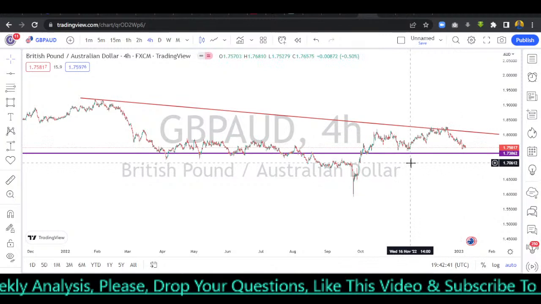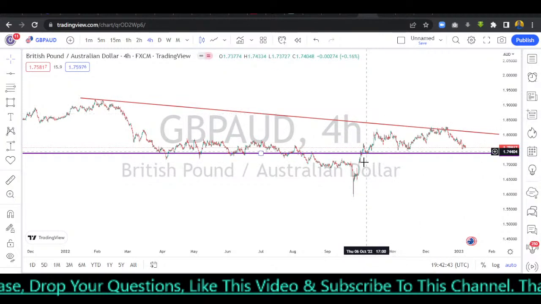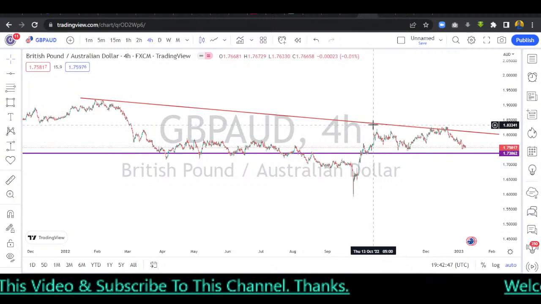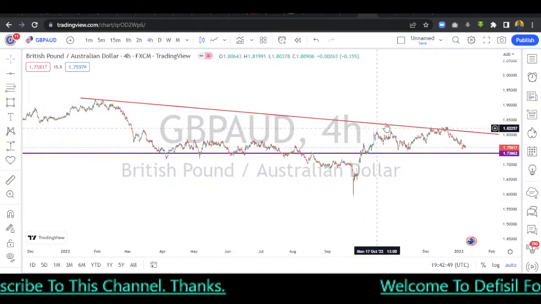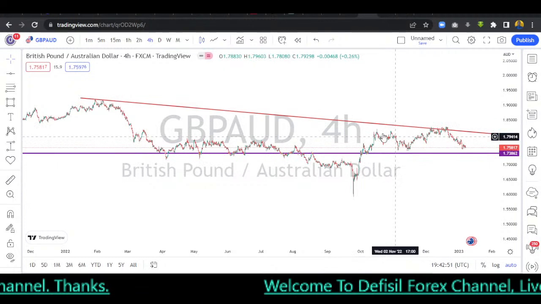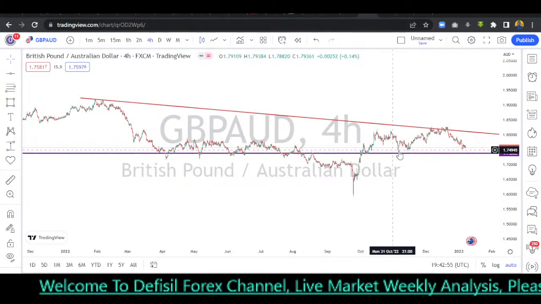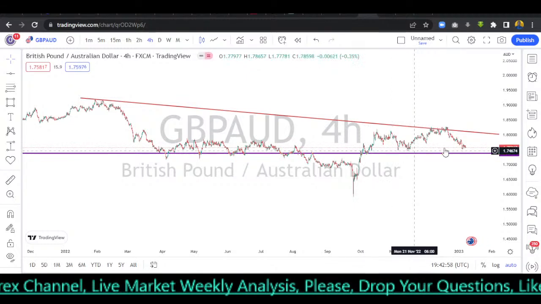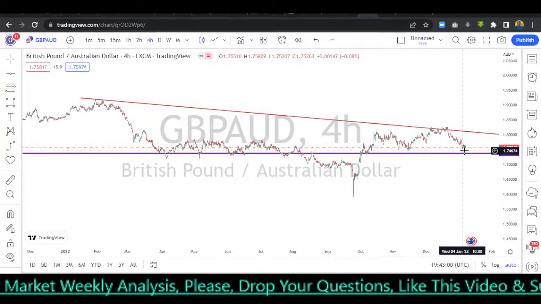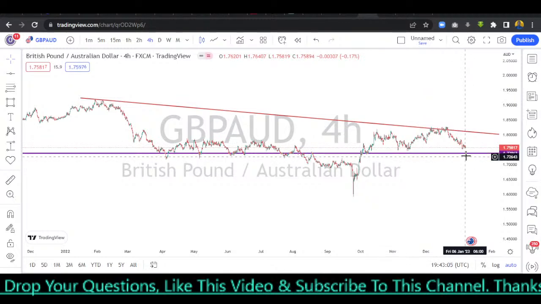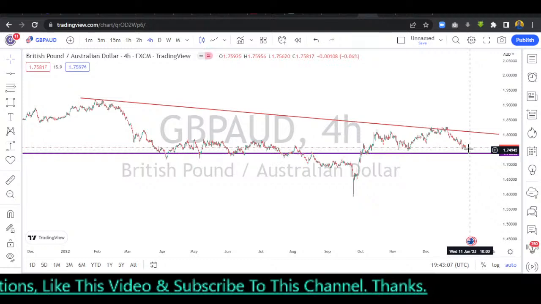However, with this breaking above here, it will make this point stronger, meaning that if this market should come to this purple line area, it will not easily break below.